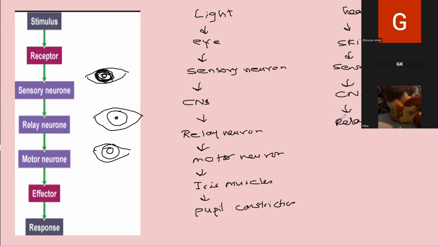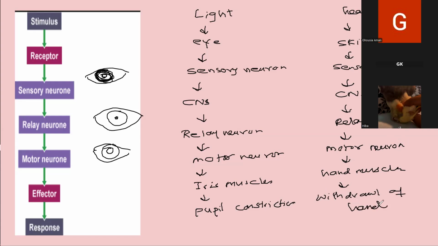Central nervous system to relay neuron. From relay neuron to motor neuron, and motor neuron to your hand muscles. My handwriting is becoming very poor because I'm writing freehand. And what will be the response? Withdrawal of your hand.